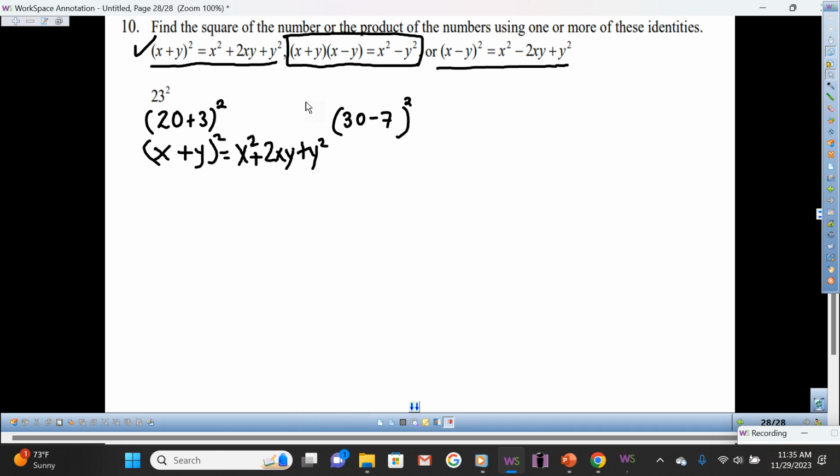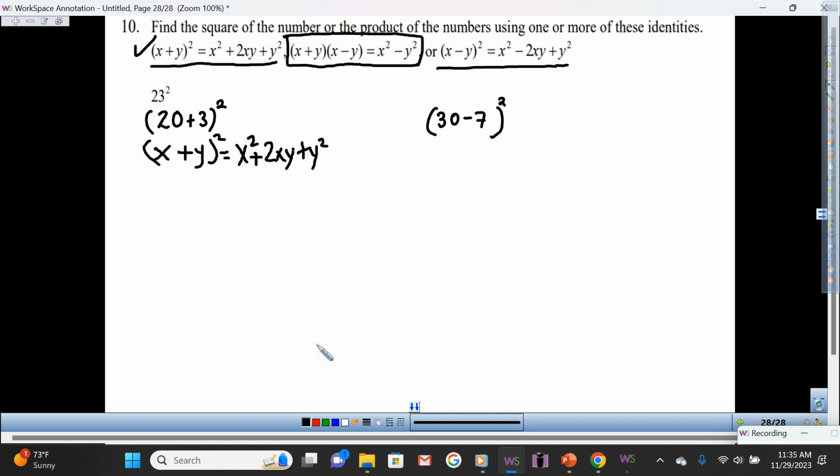Let me move this one a little bit farther to the right. Look at that. Man, I love technology. Let's go. All right. So now that we have our identity, all we have to do is substitute values.